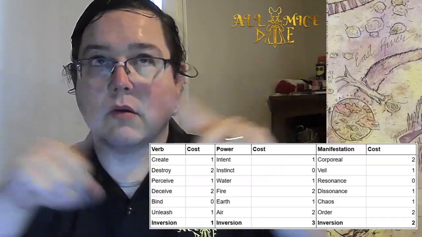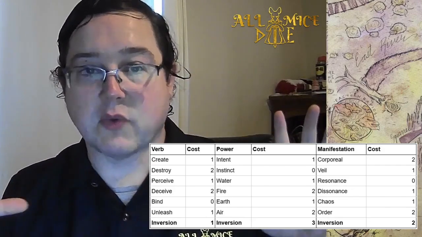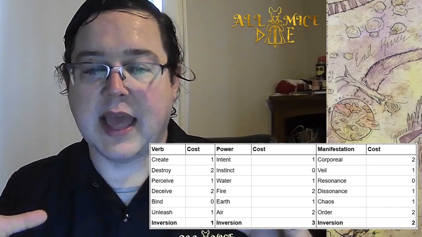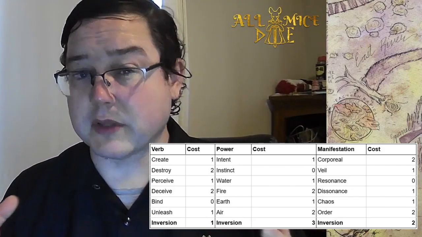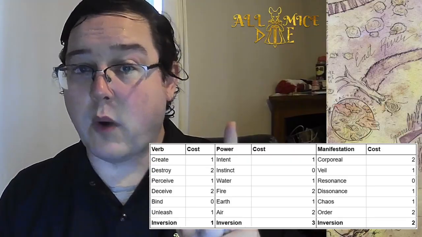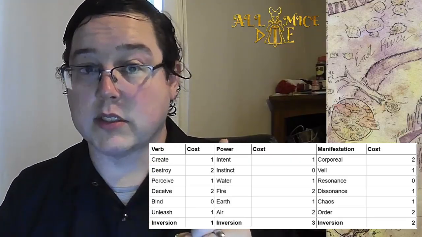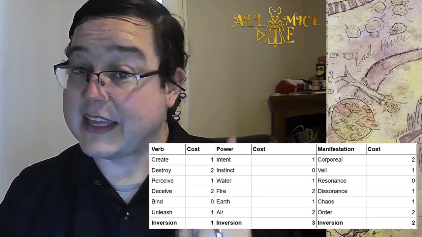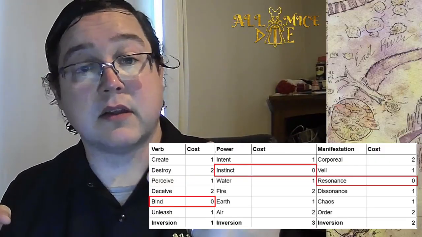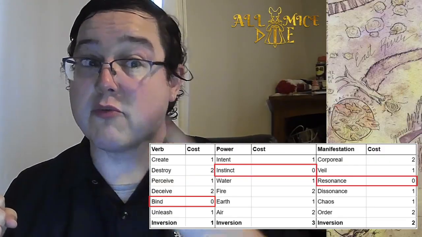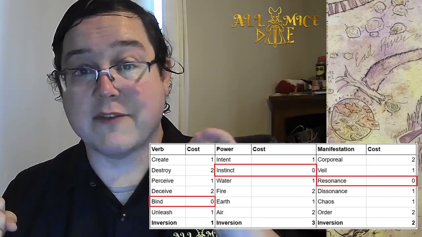Okay, so here is the list for how much everything costs, and let's sort of explain it a bit. In order to see how difficult the spell is to cast, you're going to take that 1, you're going to add on your words. So for our forms, we're going to pick the easiest one, which is Bind, Instinct, Resonance. So that gives you 3 words, all with a power of 0.